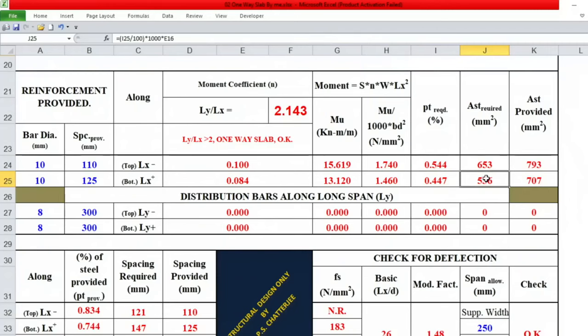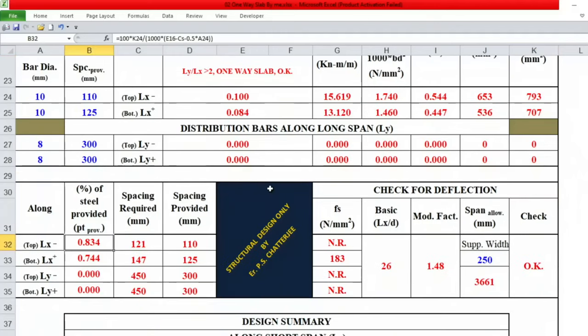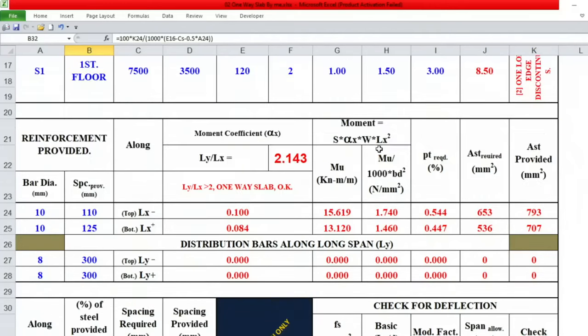Similarly, AST provided: 1000 divided by spacing plus 1, into 0.25, that is pi by 4 d square, that is 10 square, A24. Now percentage of steel provided is equal to 100 into K24, that is AST provided, divided by 1000 into effective depth of the slab.